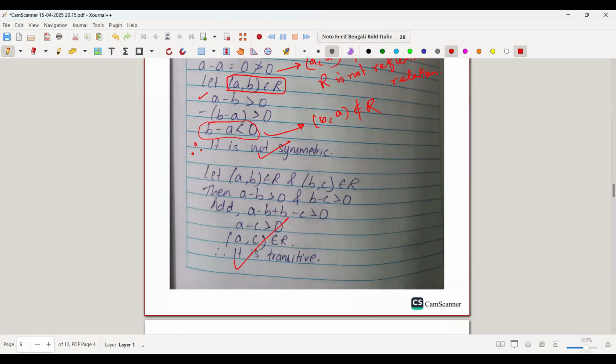Because these two terms are both positive, adding two positive terms again gives a positive term. Okay.